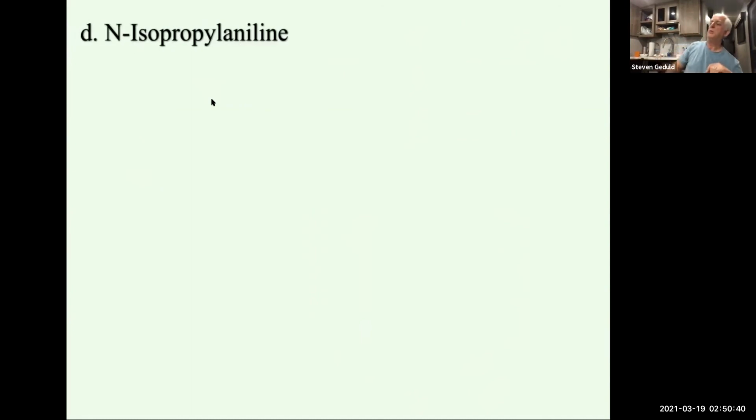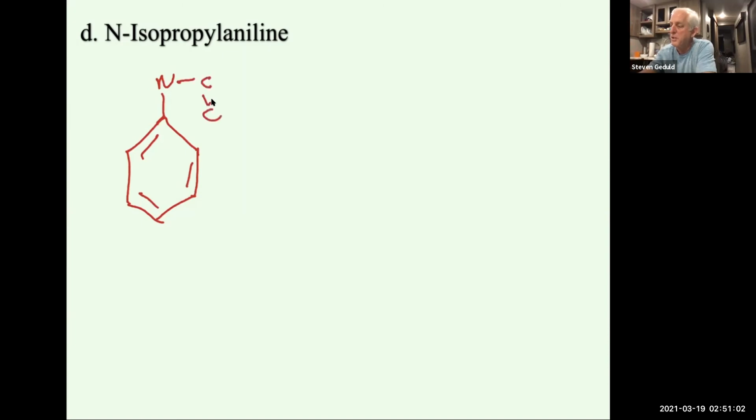And N-isopropyl aniline. Okay. Again, you draw aniline. You draw your benzene ring, your nitrogen. One of the hydrogens is replaced with an isopropyl group. The isopropyl group is 3 carbons bonded at the middle carbon.